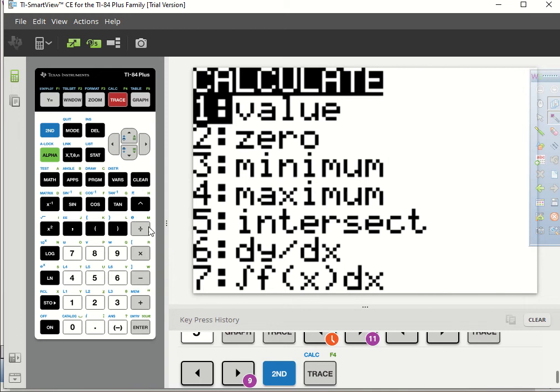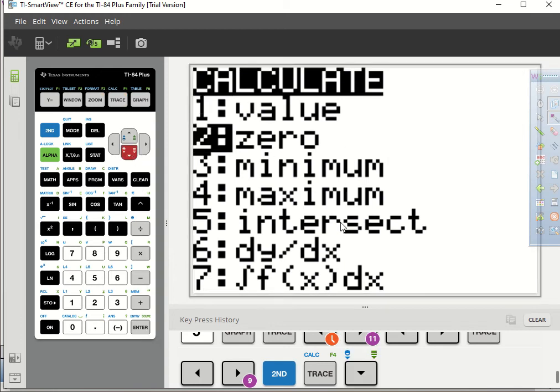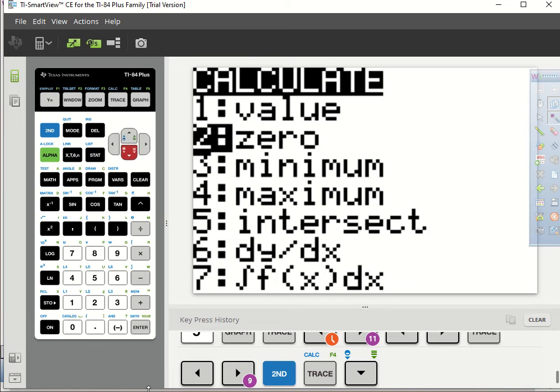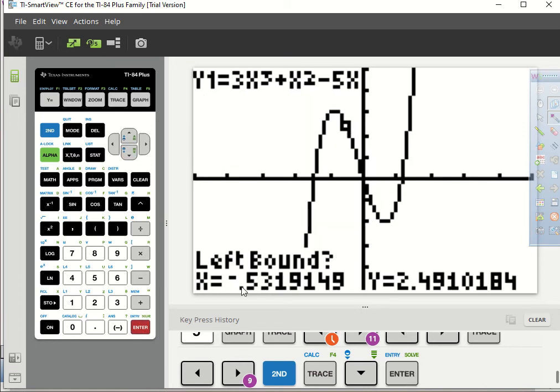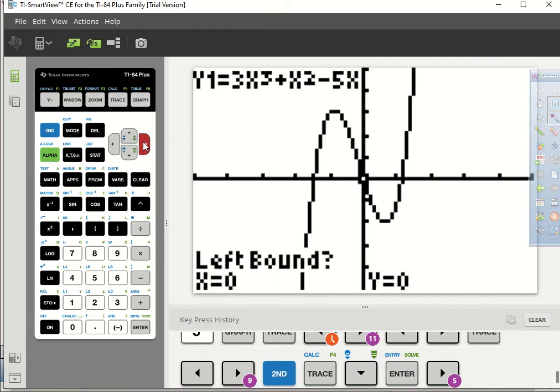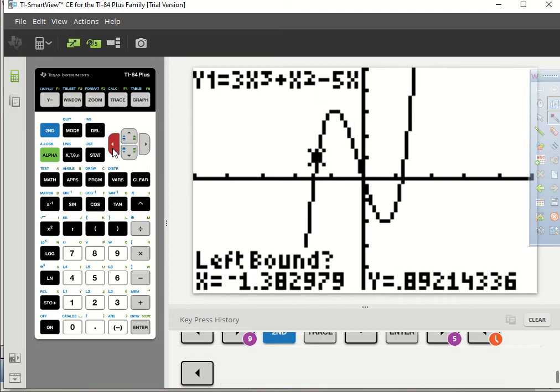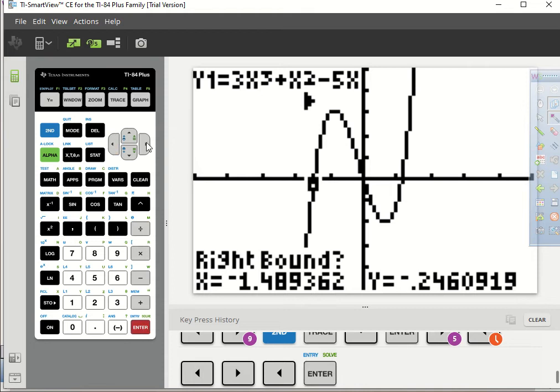Second trace, we can go to calculate a 0. Instead of actually tracing the 0 out, we can do second trace and actually use an operation that will get us the 0. So we already found that one. We want to do our left bound. It's asking for a left bound. Enter, and right bound.